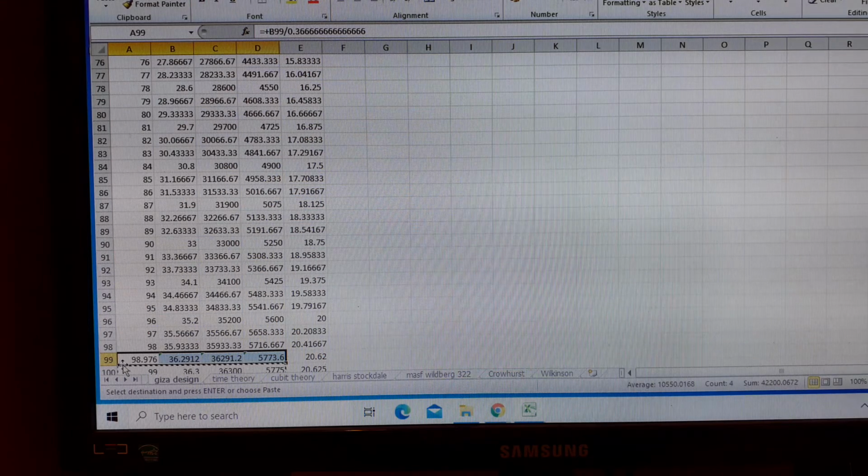We can see that that's 98.976. Again, it works out as a valid cubit, but it's not giving us a whole number in this column.